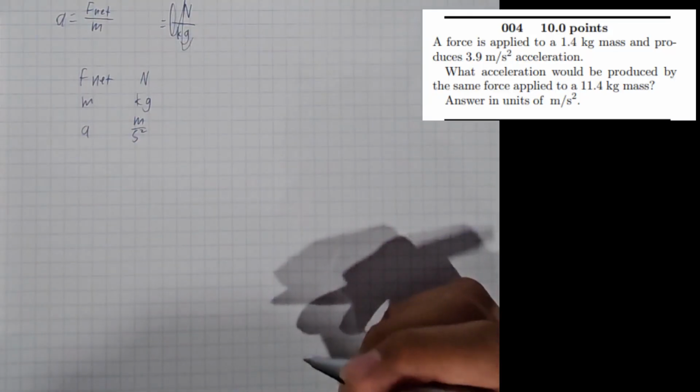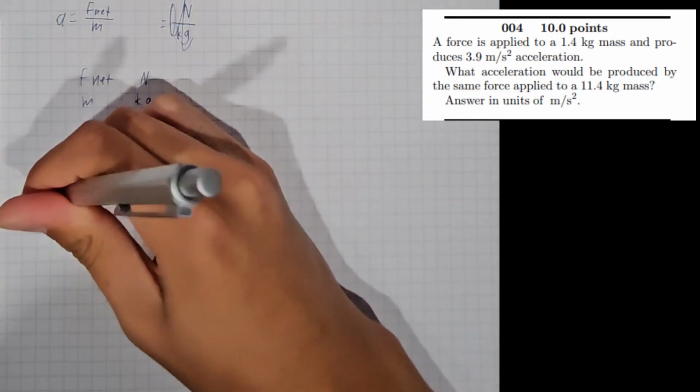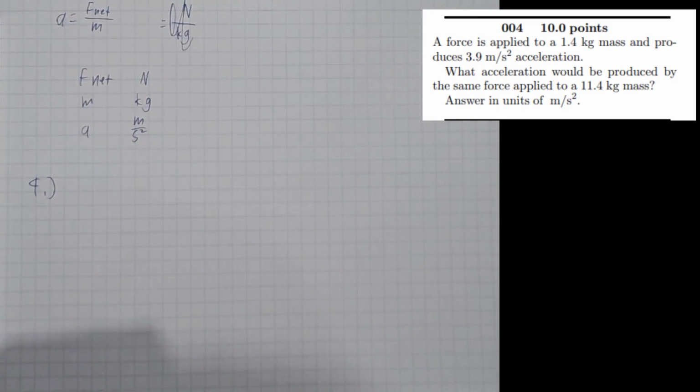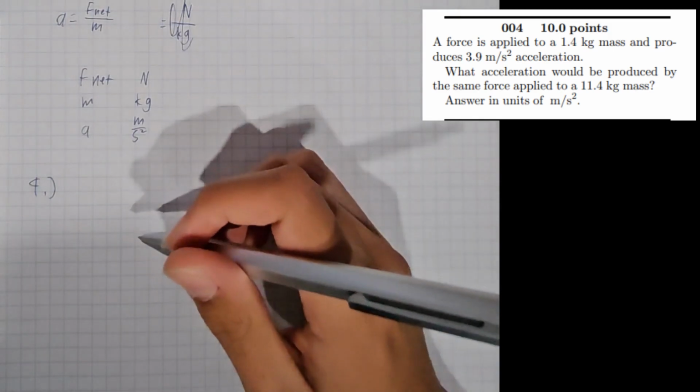So for the first problem with numbers, which is number 4 for me, that's about the force applied to a mass. In this case, what you're going to want to do is use this formula over here and solve for force.